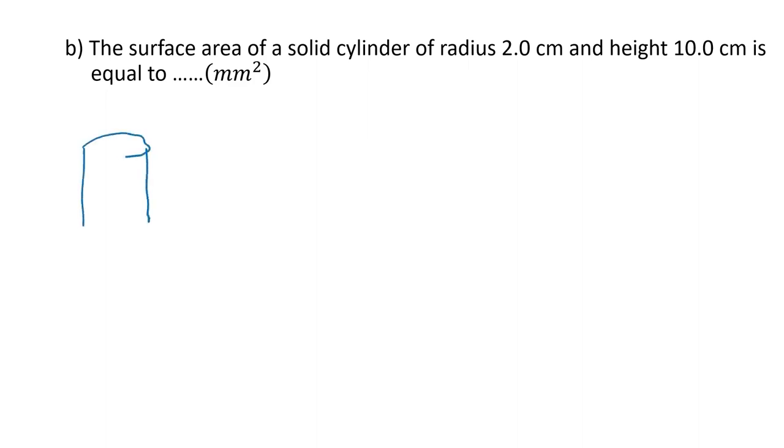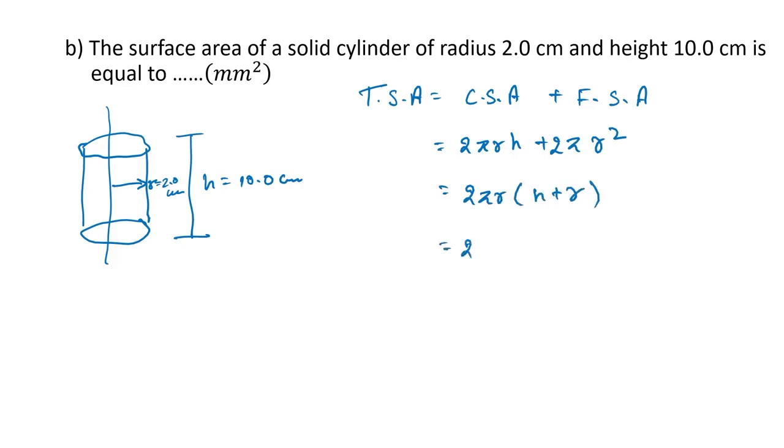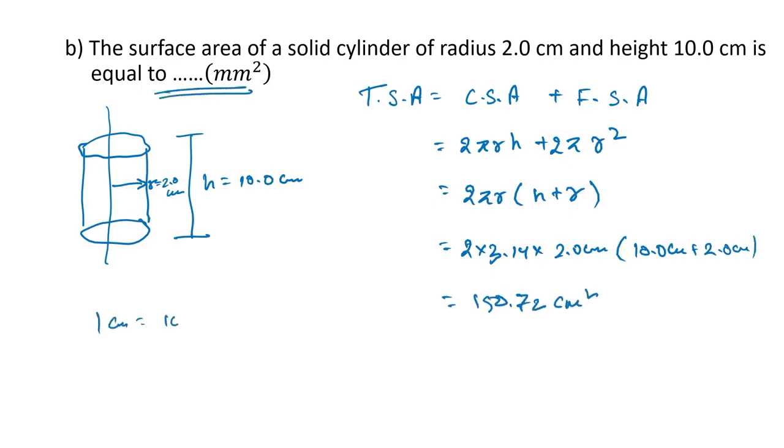So here in the question it is given that this is a cylinder of height 10 cm and radius equal to 2 cm. So total surface area would be equal to curved surface area plus flat surface area. Curved surface area would be equal to 2 pi r h and flat surface area would be equal to 2 pi r square. Substituting the values, we will get 150.72 cm square.